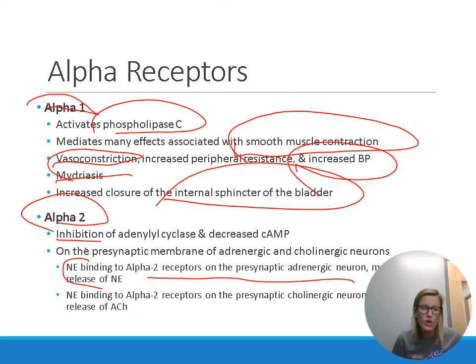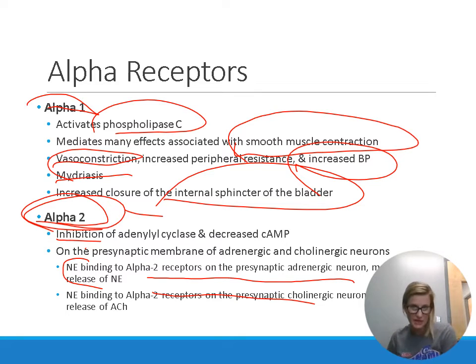Norepinephrine binding to alpha-2 receptors on the presynaptic adrenergic neuron modulates and decreases the release of norepinephrine. We do also have alpha-2 receptors on the presynaptic membrane of the cholinergic neuron as well. One thing really quick: when modulating the release of norepinephrine, the alpha-2 receptors are acting as inhibitory autoreceptors. Inhibitory because they're decreasing the release.